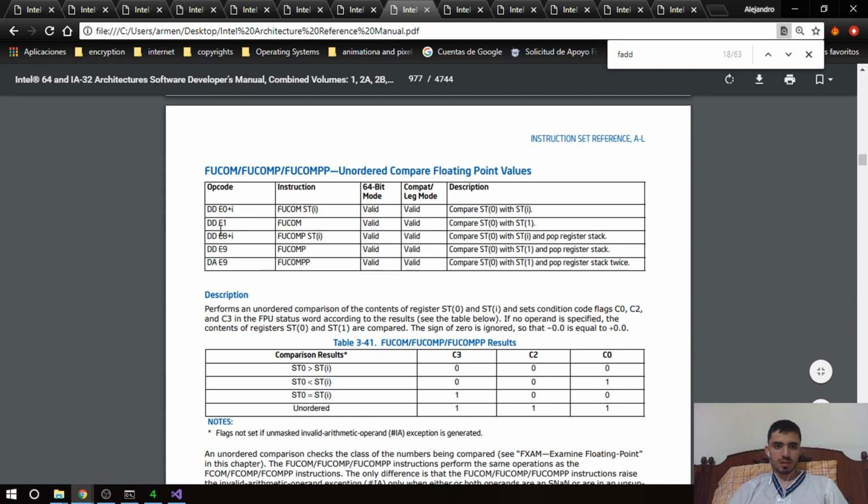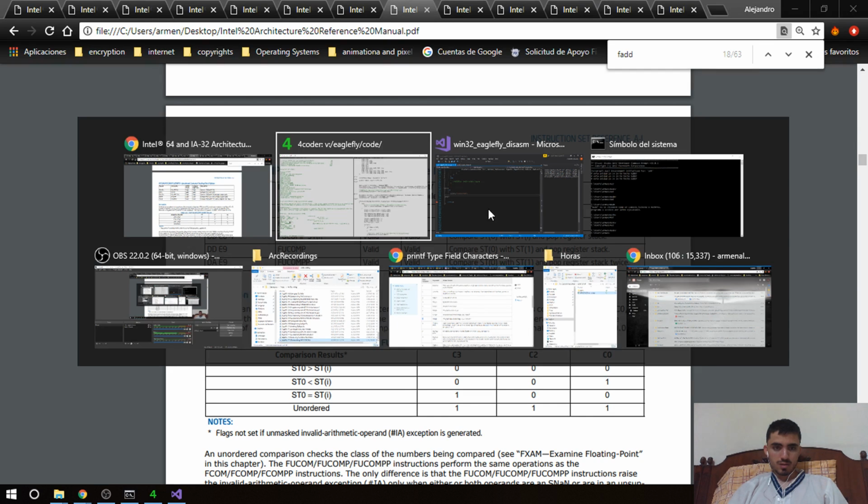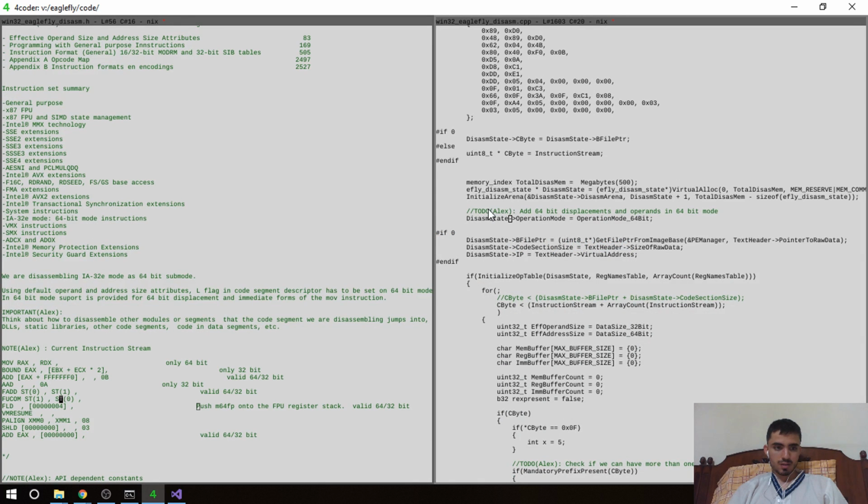It has to be DD. And we are comparing ST0, STI, isn't it?